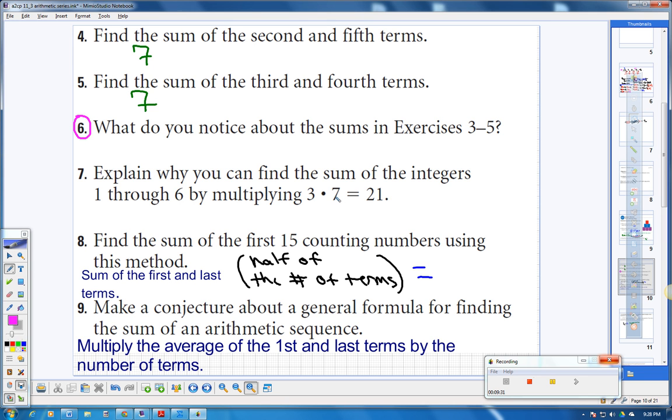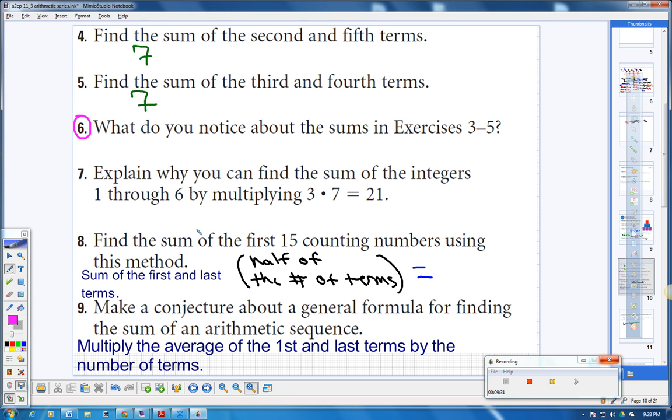Well, how about that? 3 times 7. So we had half the number of terms there. At 3, half the number of terms. And then the sum of the first term and last term was 7 each time. So 3 times 7, the sum of those terms is 21.